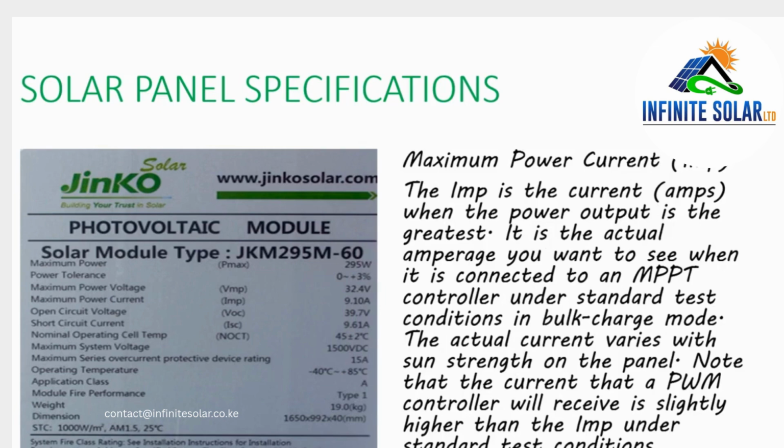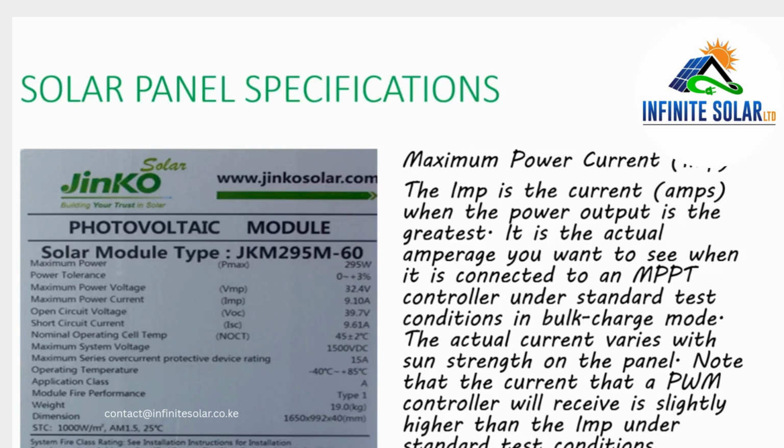Maximum power current, indicated by Impp, is the current in amps when the power output is the greatest. This is the actual amperage you want to see when a solar panel is connected to an MPPT charge controller under standard test conditions in bulk charge mode.